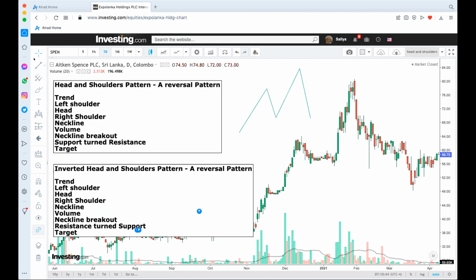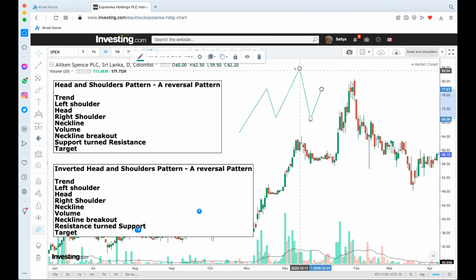Then when the rally takes place, we will be watching for the price to go up and break this level. But in a head and shoulder formation, it doesn't happen like that. It goes up and rejects this high and pauses lower than this level. Then again, it pulls back.